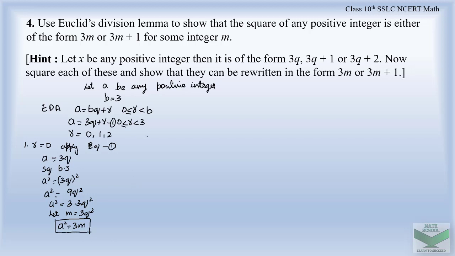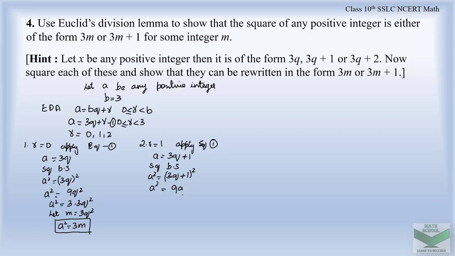Now similarly, let us assume r is equal to 1. Now applying this to equation 1, we get a is equal to 3q plus 1. Now squaring again on both the sides, we get a square is equal to 3q plus 1 the whole square. Therefore, we will have a square, a plus b the whole square formula we will apply.